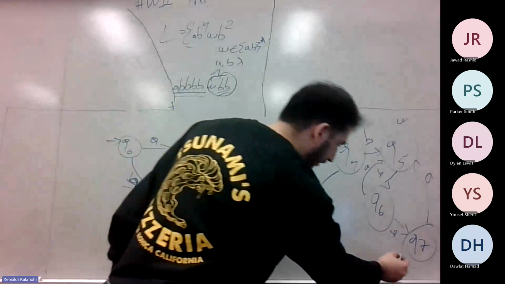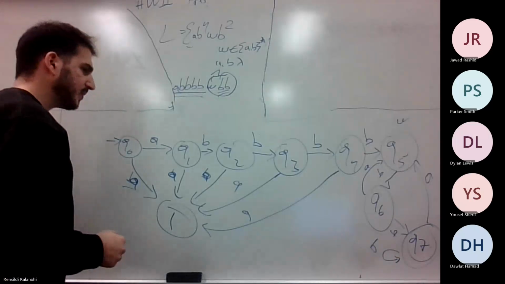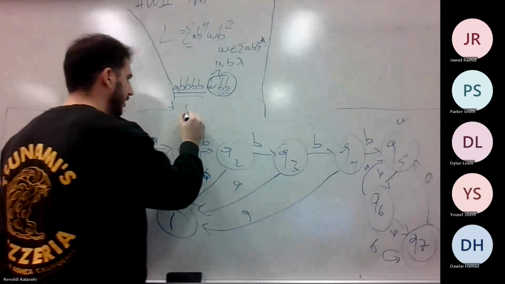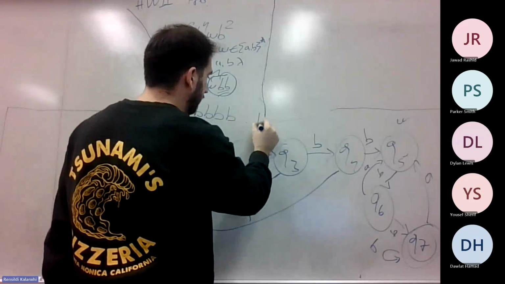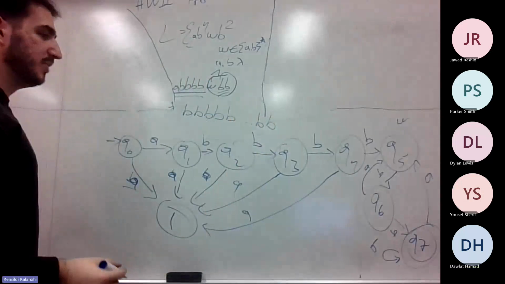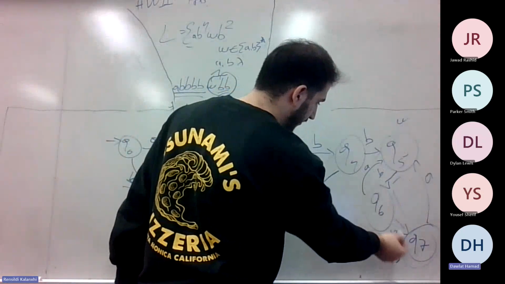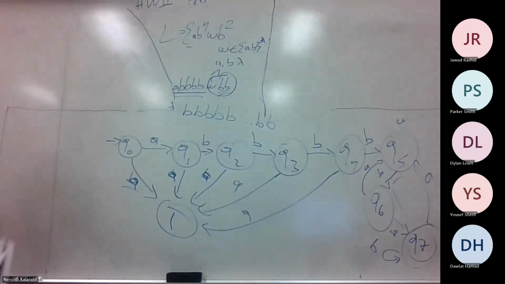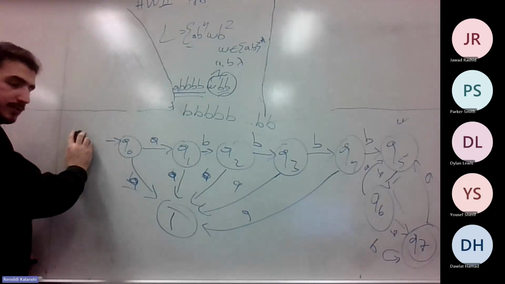We also loop on b here at the final state, because let's say we choose as many b's as we want and no a's at all. We still end with two b's because of the two transitions between Q5, Q6, and Q7. I went a little quick on this because we were working on it earlier, but I wanted to record it before going to the next problem.